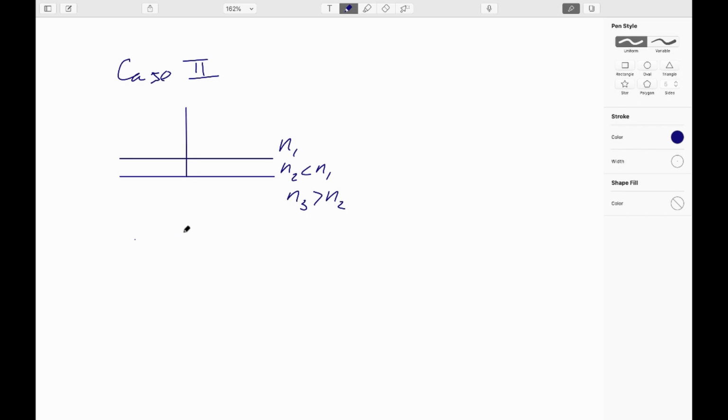Again, light will continue to pass through to the other side. But for the light that bounces off the upper surface, there will be no phase change because it's bouncing off a lower index. For the light that bounces off the lower surface, however, there will be a 180-degree phase change. So this is one phase change.